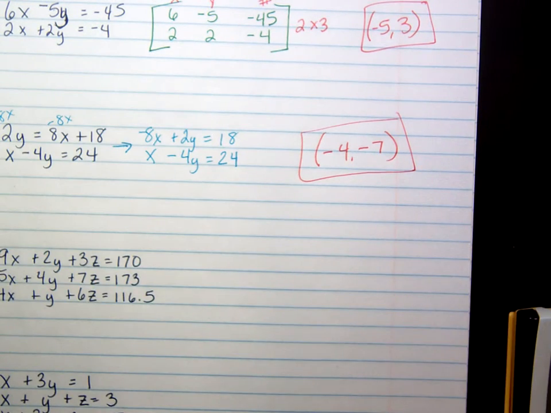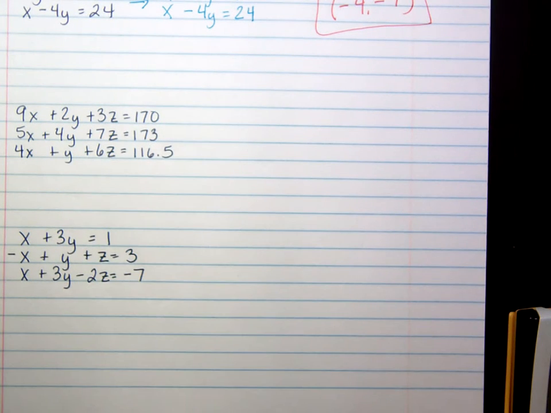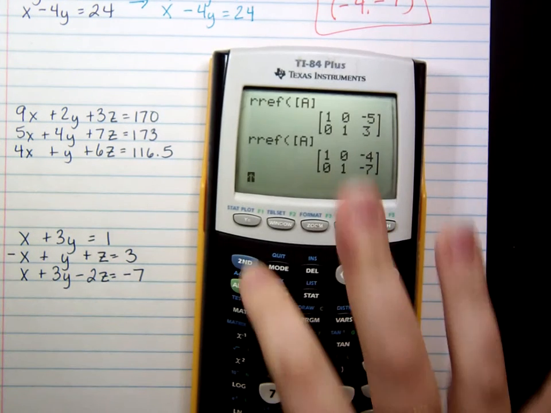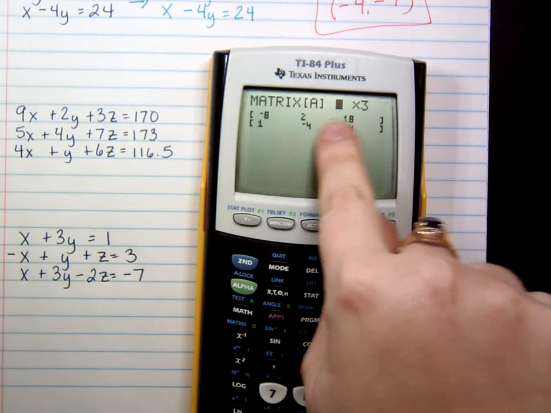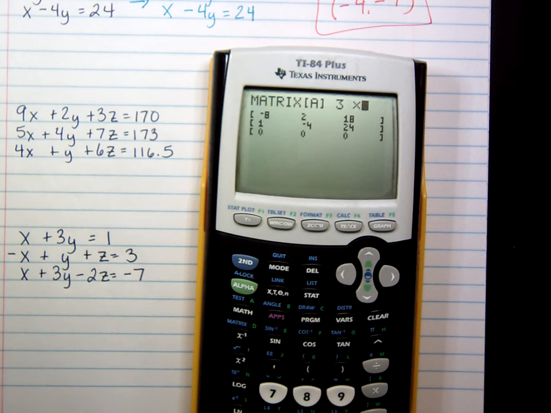Okay. Now this also works on systems with 3 variables. I used these two in my previous video with systems of 3 variables solved algebraically, and this one took a long time. But if I use the matrix program, it doesn't take very long at all. So I'm going to go back to edit, but it's no longer a 2 by 3 because now there are 3 rows and 4 columns.